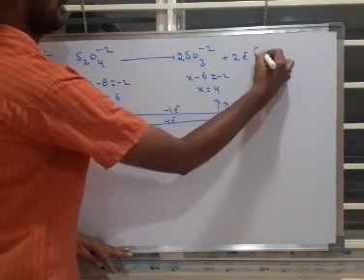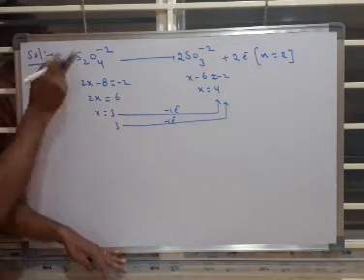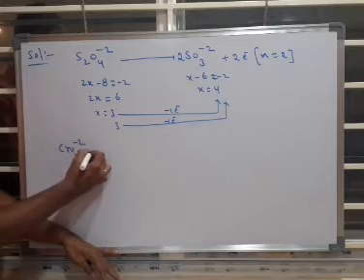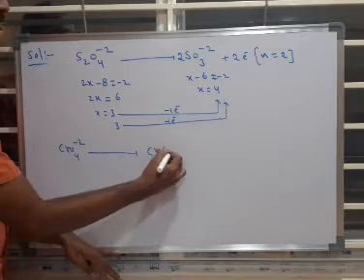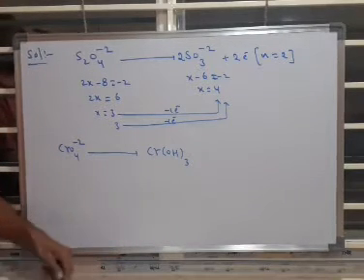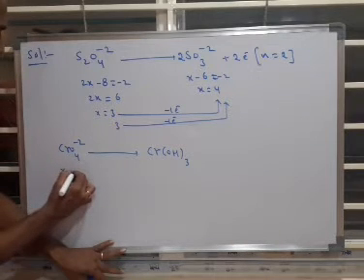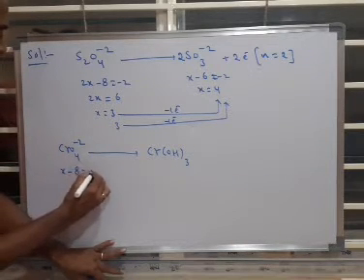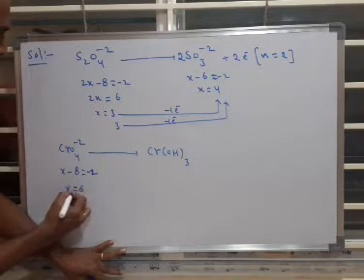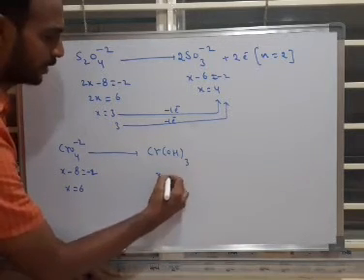Means what is the n factor? N factor is equal to 2. So then what is the other change? It reduces which compound? Chromate. It reduces the chromate into chromium hydroxide, Cr(OH)3. So one chromium, already it is balanced. Here if you calculate the chromium oxidation number, the overall charge is minus 2, so x equals plus 6. OH is always minus 1.